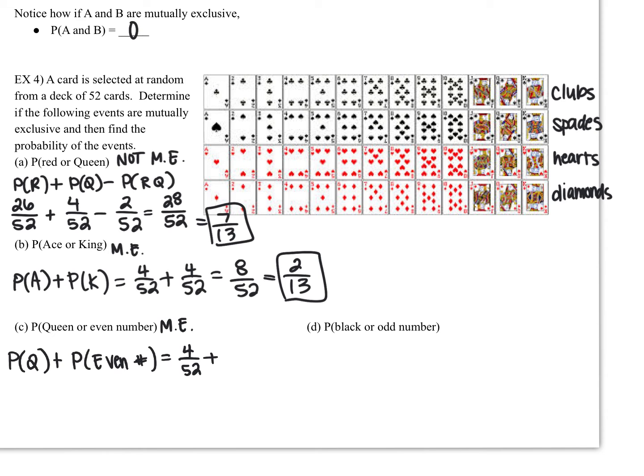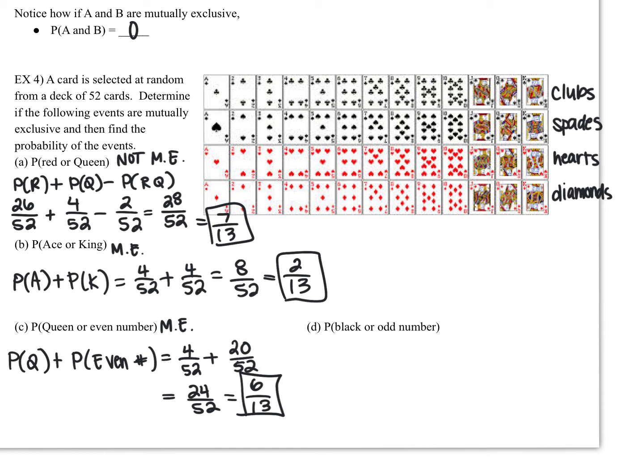So there are those 5 cards in each of our 4 suits, meaning we'll have 20 out of 52 of those, giving us 24 over 52, which is the fraction 6 over 13, which is about 0.462, so 46%, a little under 50%, so still a pretty high chance.